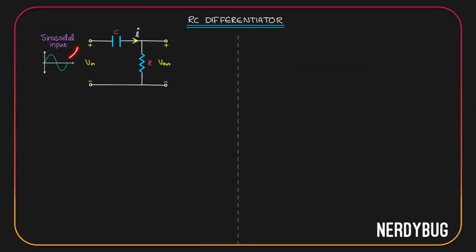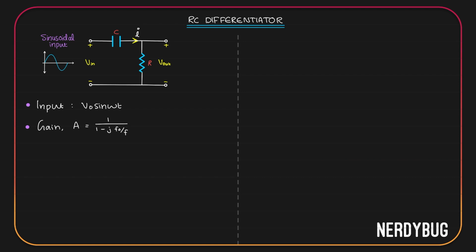Now let us take a sinusoidal input and see. As an example, I will take the input to be V0 sine omega t. Now, an RC differentiator is just a high pass filter. I know the expression for its gain. A is 1 by 1 minus j f0 by f.